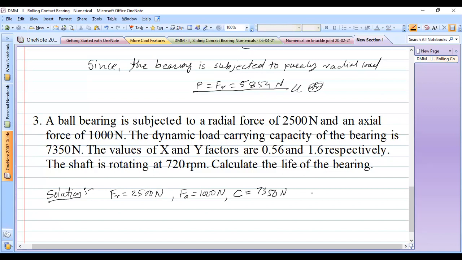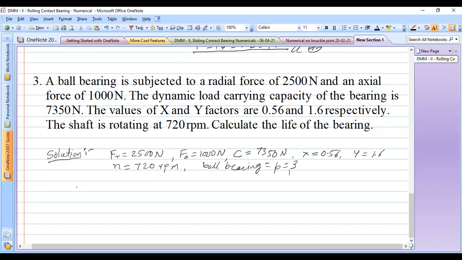X factor is given 0.56, Y is given 1.6, small n value is given 720 rpm, and it is given a ball bearing. So for a ball bearing, we will take small p equals 3. Please remember this.